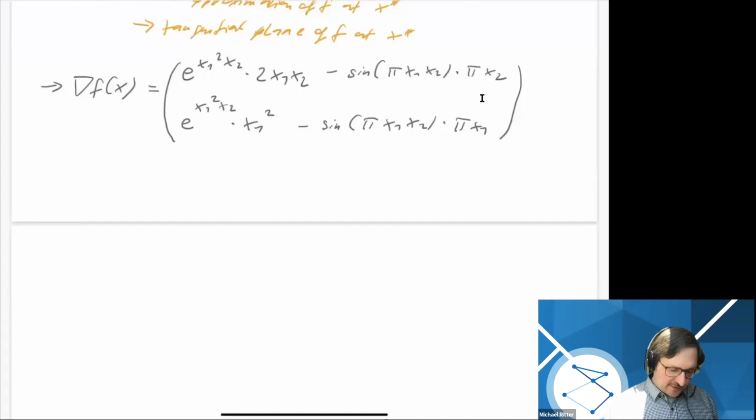We are specifically interested in the gradient just at the point that we want to approximate at, and this point is (1, -1) in this case.